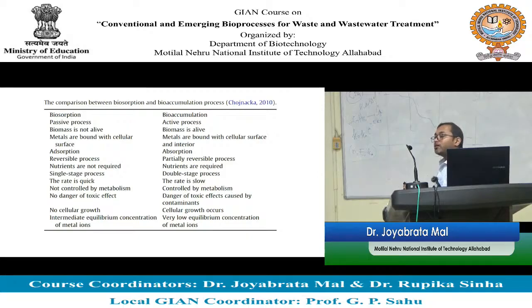Then we can add another one, same thing without biomass. If some removal happens, that means the removal is happening due to chemical precipitation. Then you can have the same living biomass but without carbon source. That will tell you about biosorption, plus whether some bioaccumulation is happening or not, but it shouldn't happen because you are not adding any carbon source.